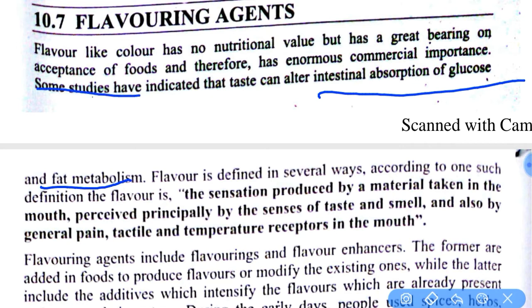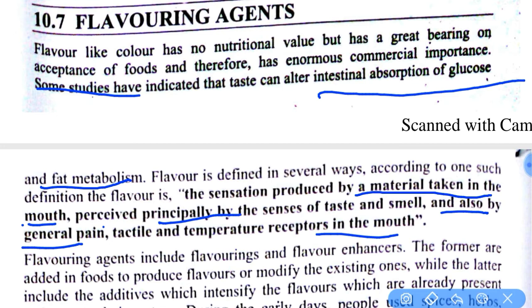Okay, and flavor is defined as the sensation produced by a material taken in the mouth, perceived principally by the senses of taste and smell, and also by general pain, tactile and temperature receptors in the mouth. So this is the definition of flavor.